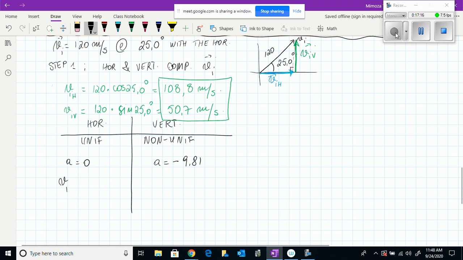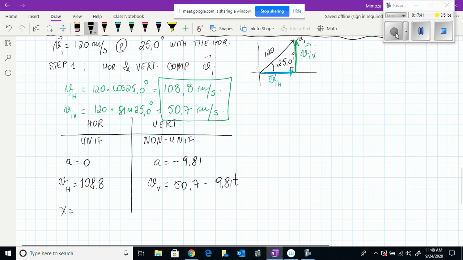The velocity in the horizontal will be whatever is the horizontal component of the initial velocity, 108.8. You can even say 109. I will be at peace with that. The vertical velocity will be 50.7 minus 9.81 t.